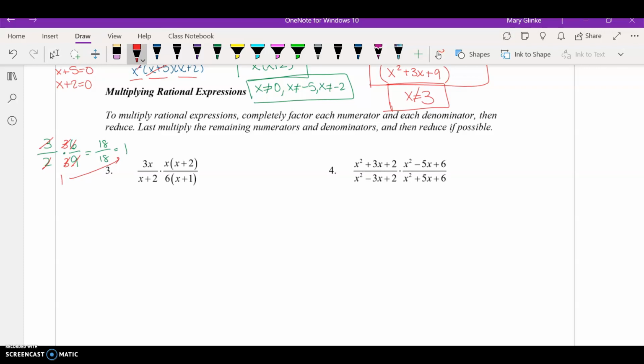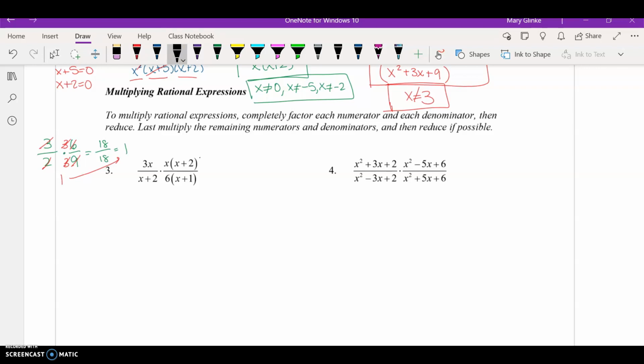You get the same answer if you reduce first or if you multiply first. Now, because we want our lives to be a little bit easier, imagine multiplying polynomials. That's not going to be as nice. So what we're going to do is factor things if it's multiplying and reduce, and then you can multiply across.